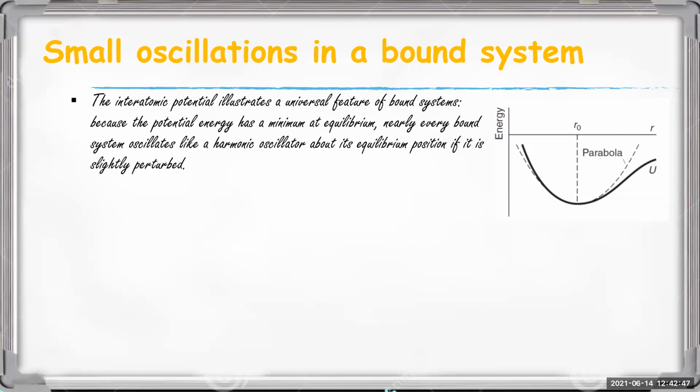When we look at the diagram, it is clear that the potential energy is minimum at the point denoted by R0, or we can say that it must be the equilibrium point.